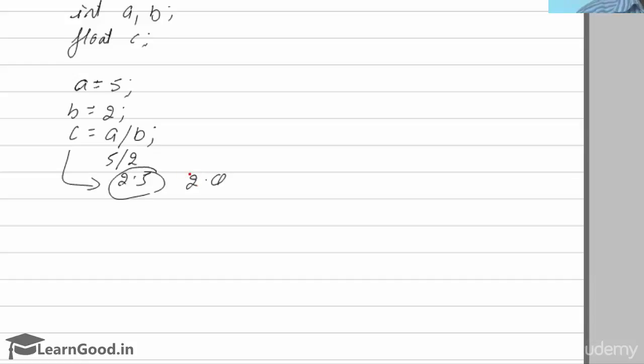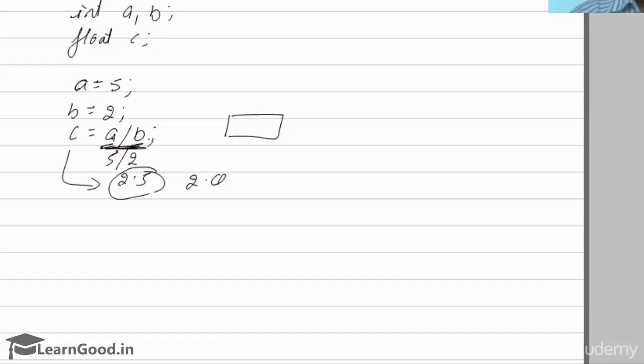Why are you getting 2.0 here? That's because a is of type integer, b is also of type integer. After evaluating this operator, the result is not directly stored inside c, it will be stored inside something called a general purpose register, that is a GPR. Because a and b both are of type integer, and integers occupy 2 bytes, in the GPR also it will allocate only 2 bytes.